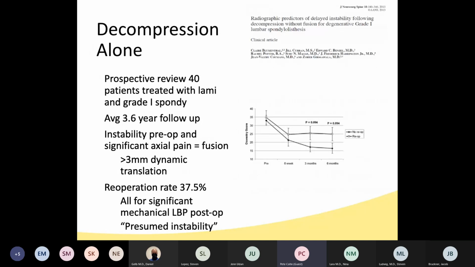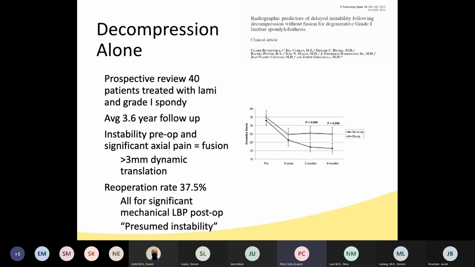In another group, they looked at a prospective review of 40 patients who were treated with laminectomy for low-grade spondylolisthesis, and they followed these patients for 3.5 years. Again, if they had dynamic translation greater than 3 millimeters on flexion extension views, then those patients had a fusion.